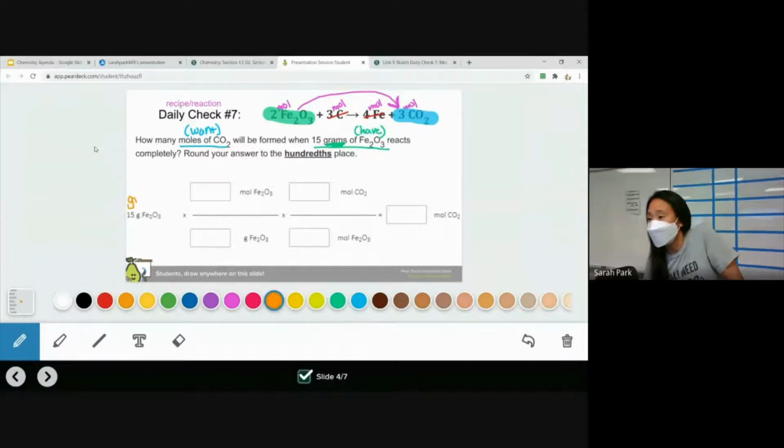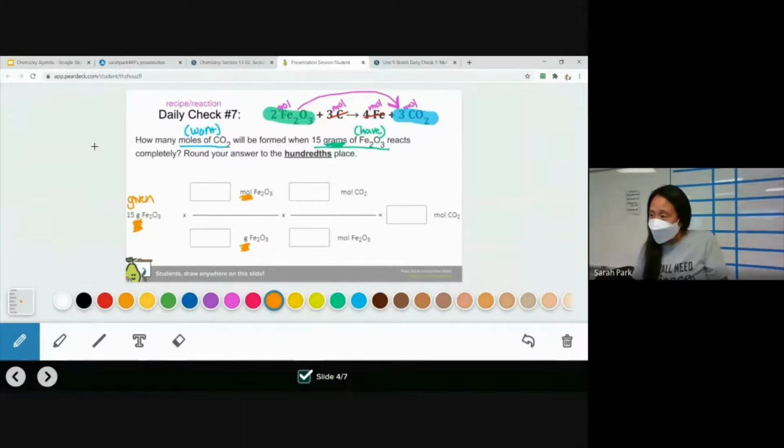This is the number given to you in the problem. You were given 15 grams. So you're like, okay, I'm going to convert it. When you see grams, you put it on the bottom because you want information about moles. You want to convert it to moles so that I can use my recipe, I can use the reaction.